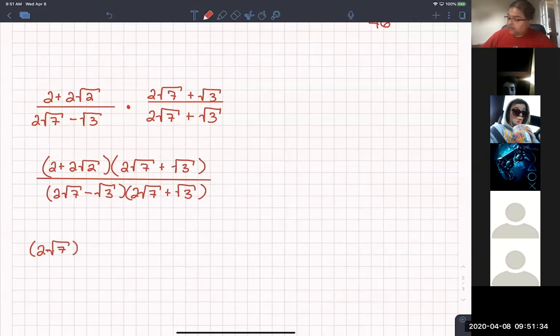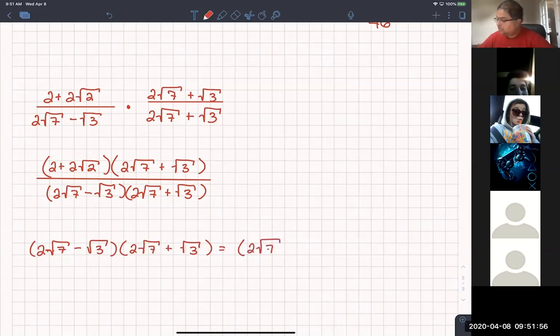So what do I get when I multiply 2 root 7 minus root 3 times 2 root 7 plus root 3? Do you get 4 root 49 plus 3?